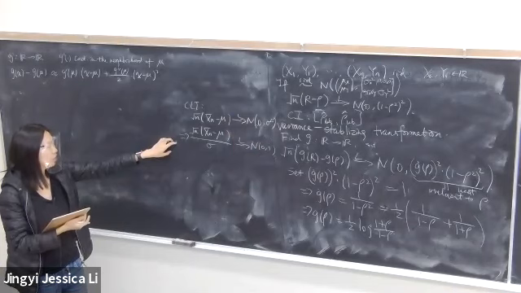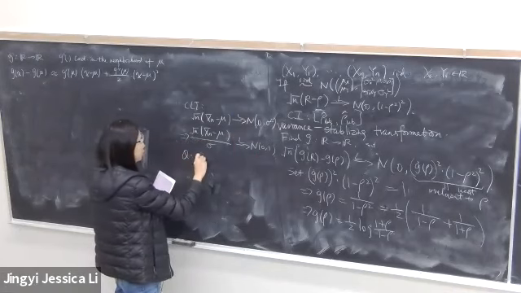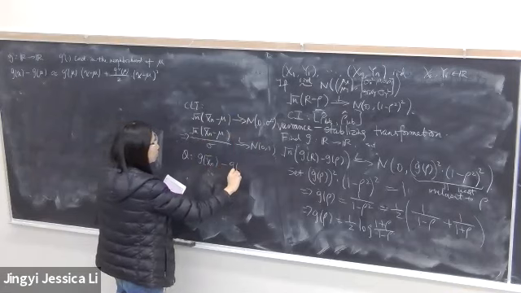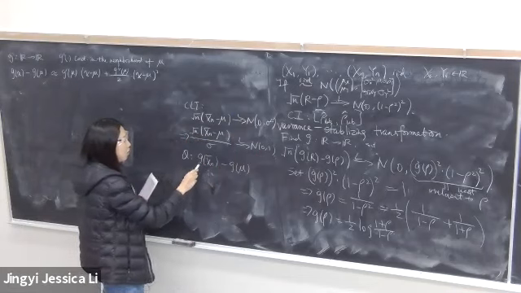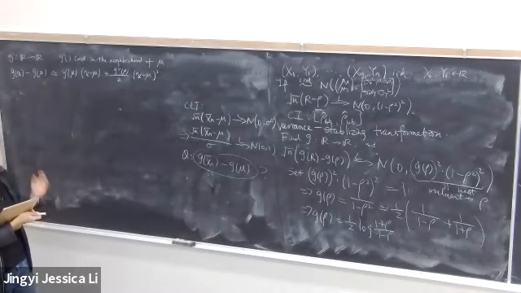So the question we are interested in knowing is we will apply g to xn bar and g to mu, and we are interested in knowing what happens to this. That's why we do the delta method.